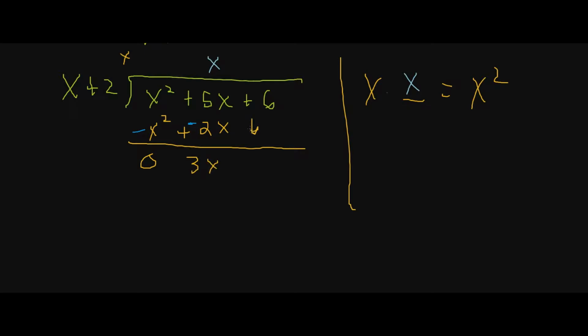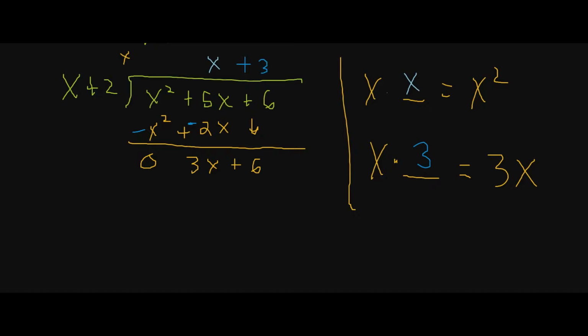And now we bring down the 6, and we get plus 6. Now I'll write in this corner, x times what is going to give me this term right here, 3x? Well, it's just 3. So we know this is going to be plus 3.